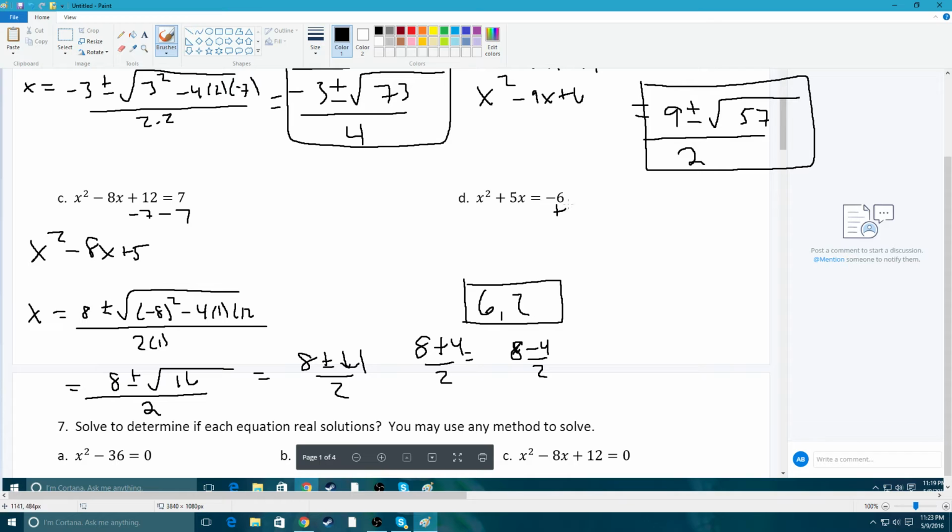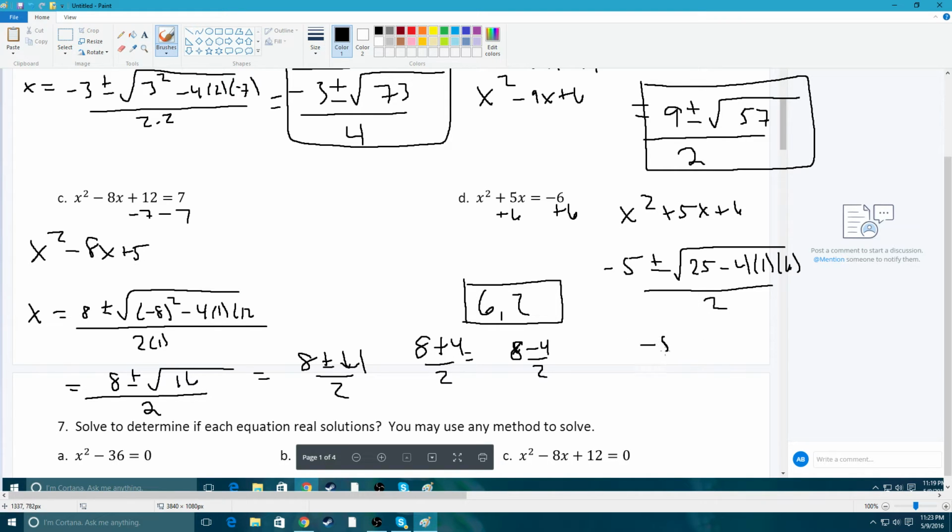Okay, for D, add 6 to both sides. So this is x squared plus 5x plus 6. So negative b plus or minus square root of 5 squared minus 4 times 1 times 6 all over 2.